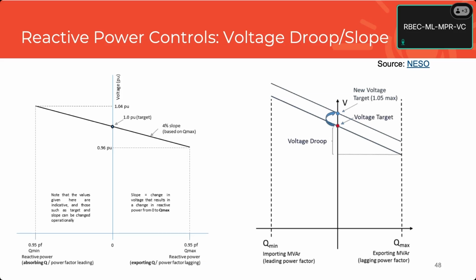So if you have a little bit of deadband, you have a little bit less propensity to have control interactions like he's mentioning. But using deadbands and slopes together are really important. And it's important to know that these droops, whether it's frequency control or voltage control, this is all where it will settle. In the short term, everything can respond how it wants.